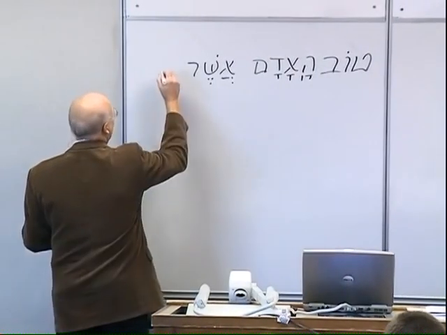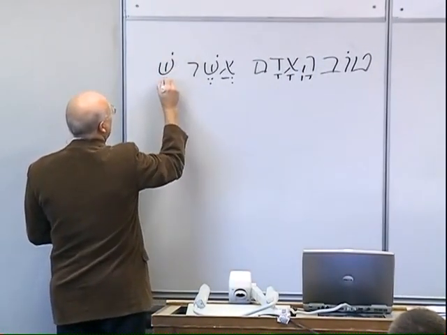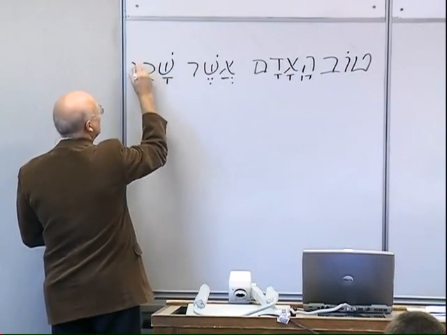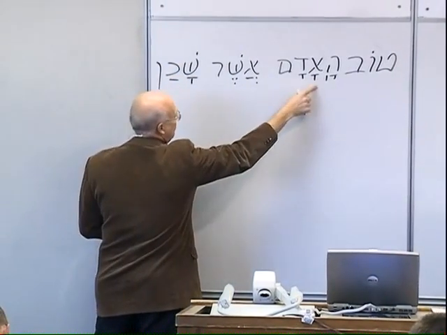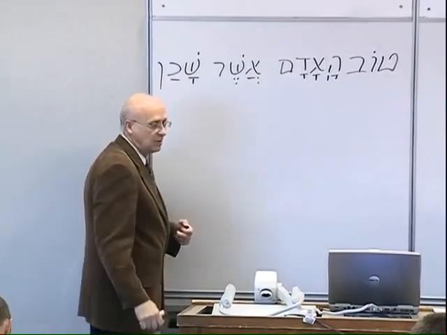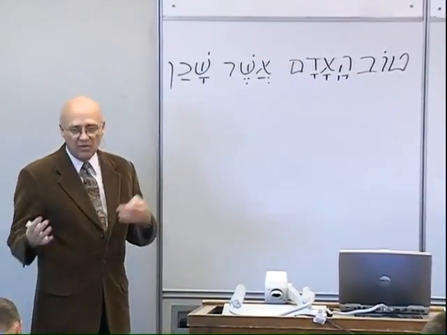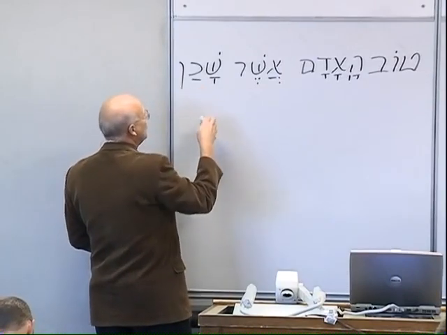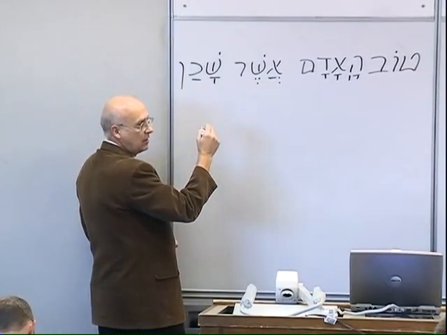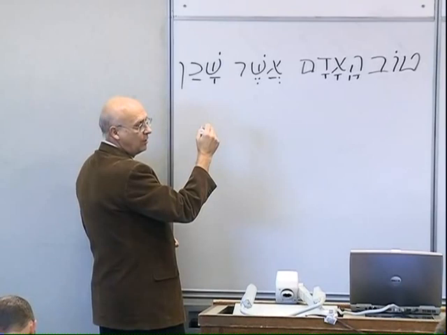Okay, you can use shakan. And notice here, we're just going to use the third masculine singular form that we've learned in our vocabulary because this is third masculine singular. It's the man, so you refer to the man with "he." All right? So who dwelt, we could use shakan, and what else? Another verb.